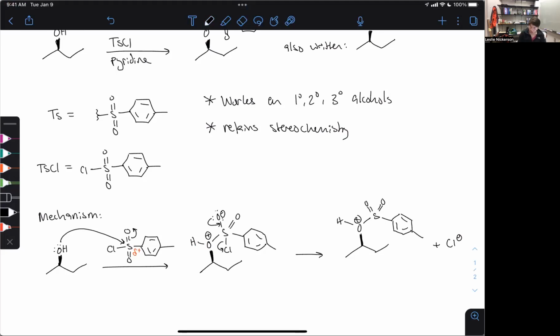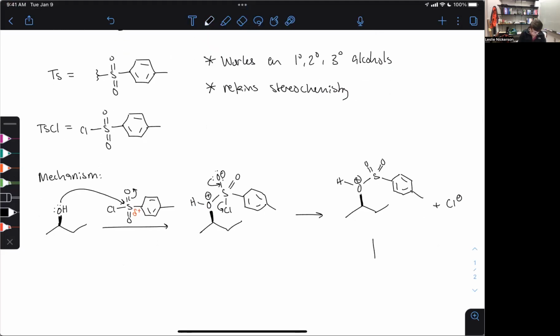So what we're going to have now is, as we go along, we also have pyridine here, which I should have put in the beginning. Okay, just like with the thionyl chloride mechanism, our pyridine here is just acting as a base once we get to this positively charged intermediate. So our nitrogen is going to be our basic atom.